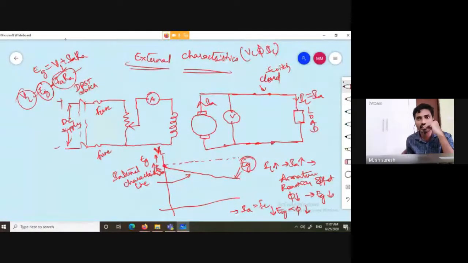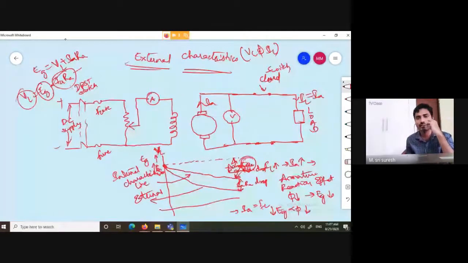If you subtract the IARA drop, we obtain V like this. So this is due to the IARA drop. And this is the terminal voltage characteristics, that means the external characteristics. And this is the armature reaction drop.